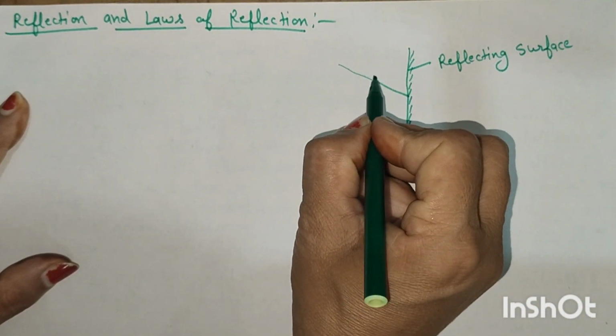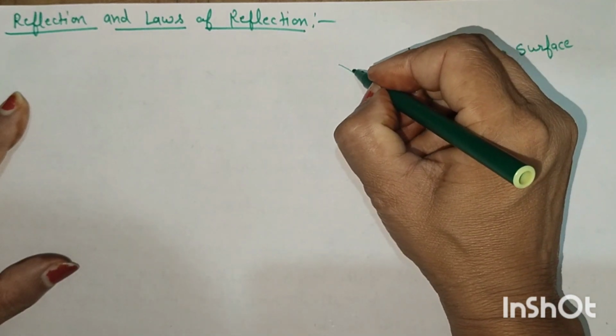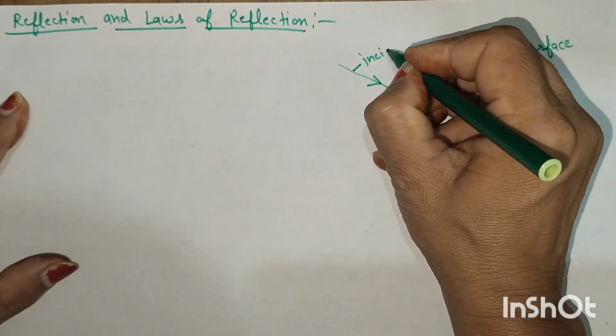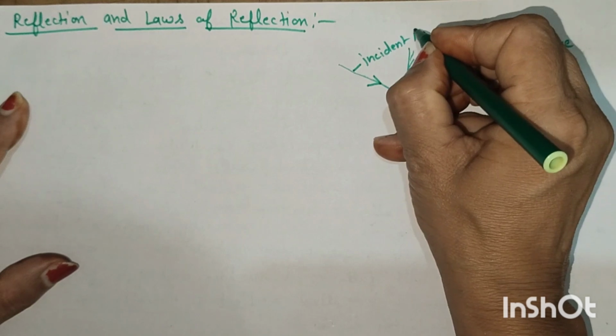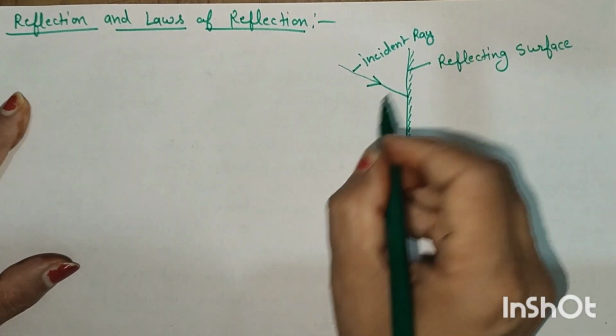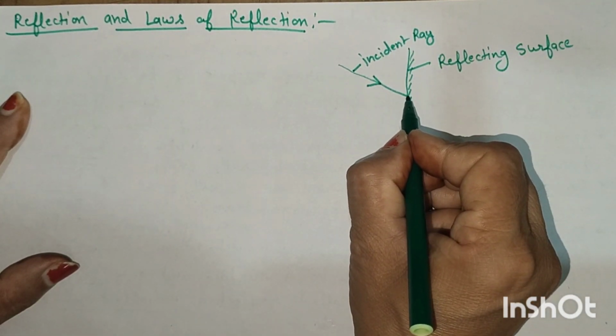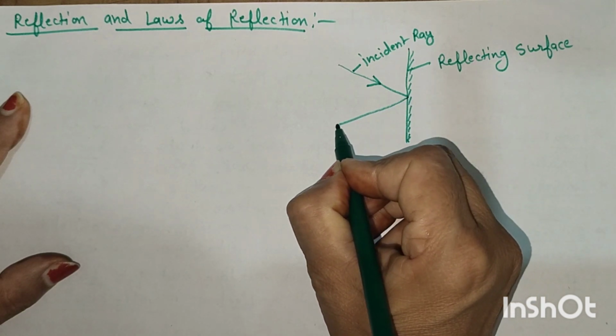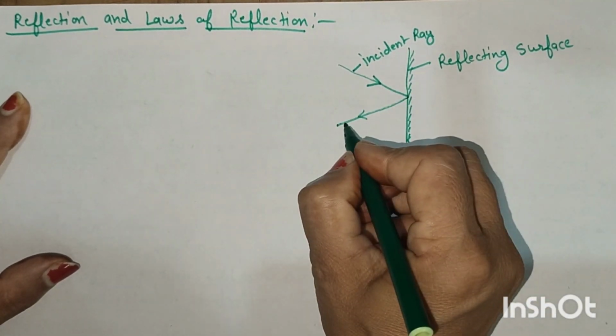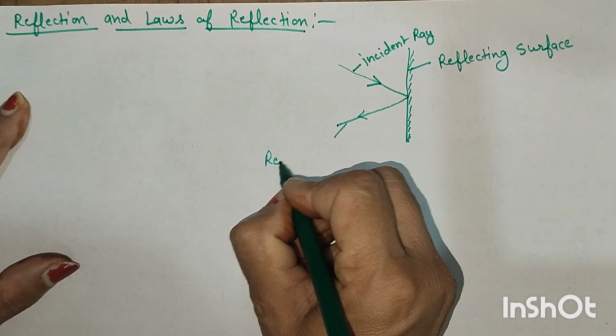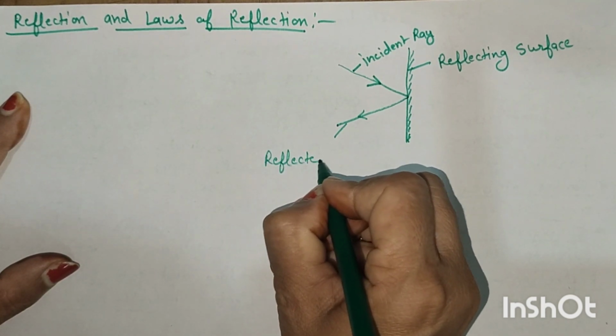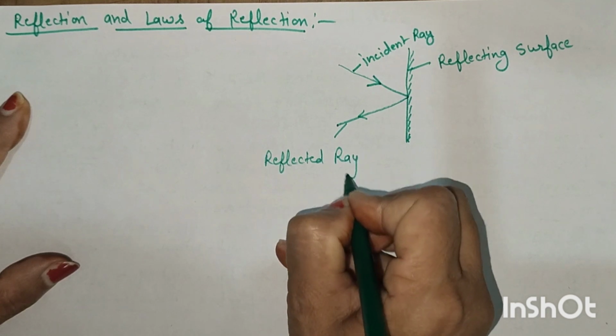When a ray of light falls on it, this is called the incident ray. Then it reflects back or bounces back in the same medium. This is called the reflected ray.